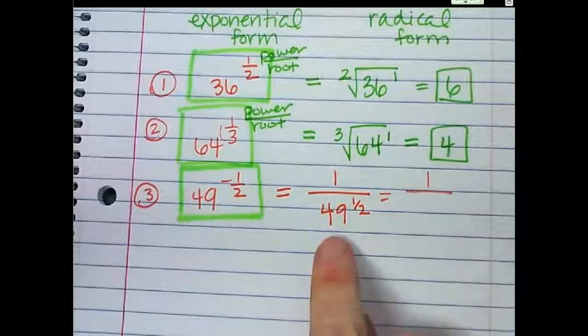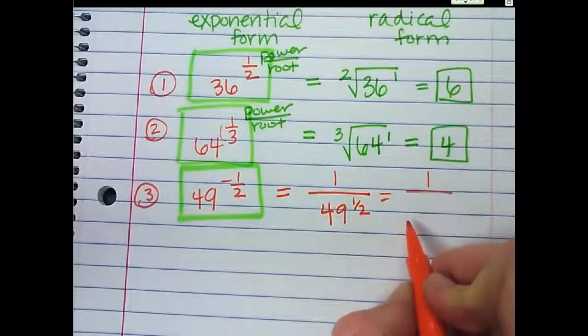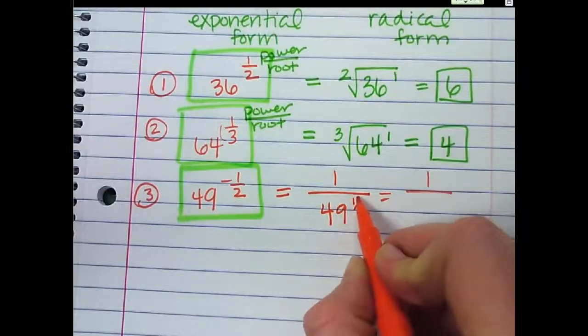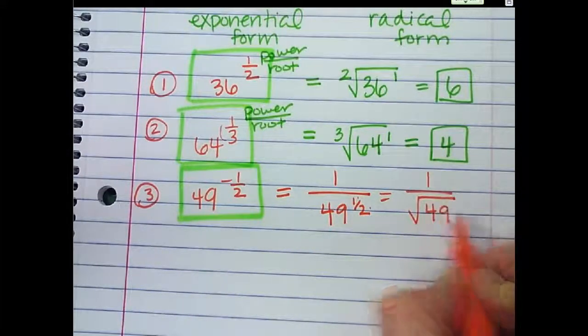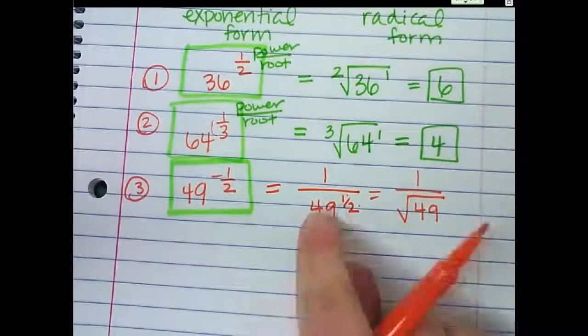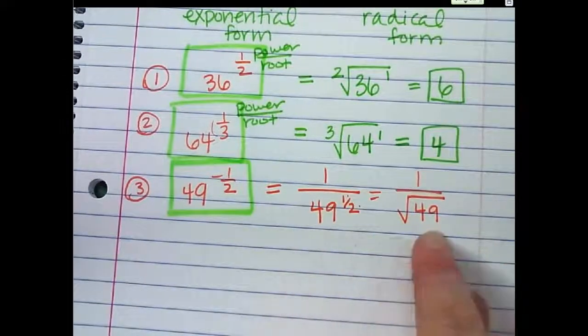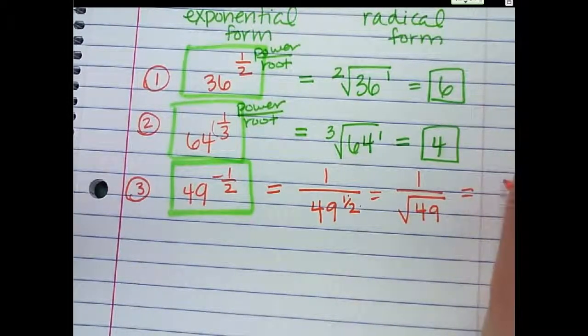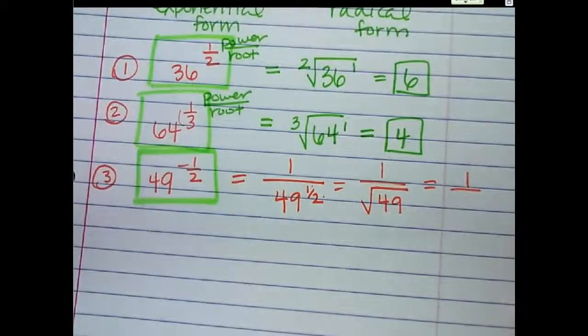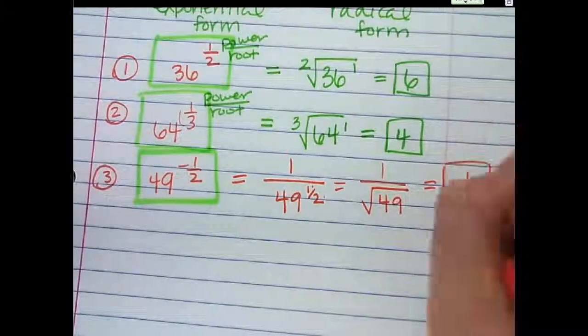How can I rewrite 49 to the 1/2? Power over root. Yeah, square root of 49. And if you already know what 49 to the 1/2 is, then just write it here. So if you want to change it to square root, then do that. What's the square root of 49? 7. So 1 over 7.